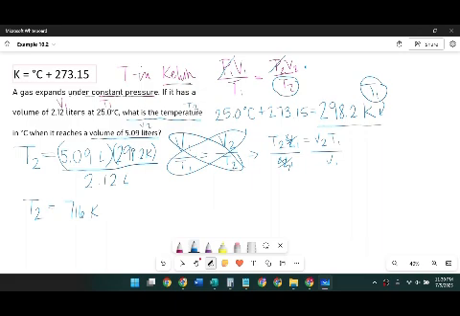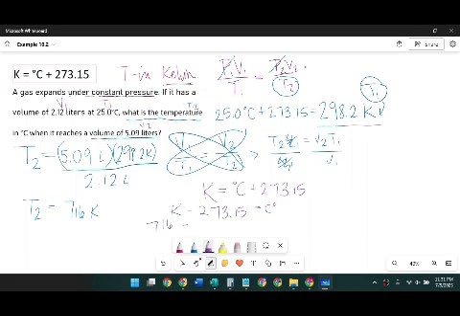Now, does that answer the question? No, because it asks for our temperature in degrees Celsius. So we're going to take the Kelvin scale equation and plug our answer in. We can also go ahead and rewrite this one so that it's already solving for what we want, and then plug it in.